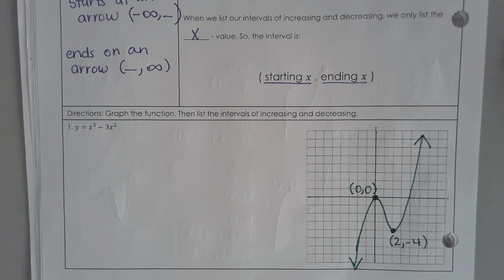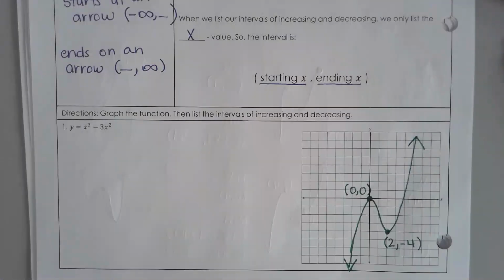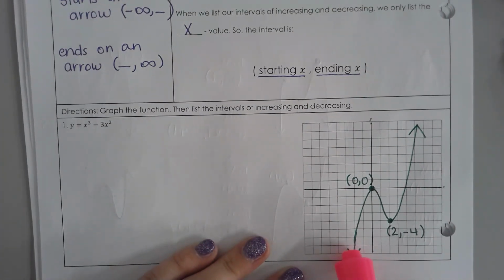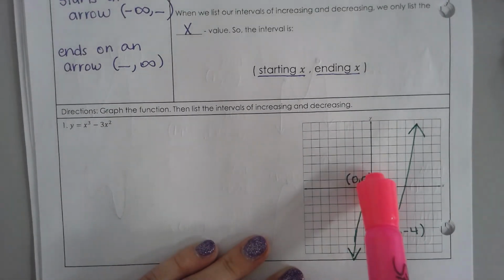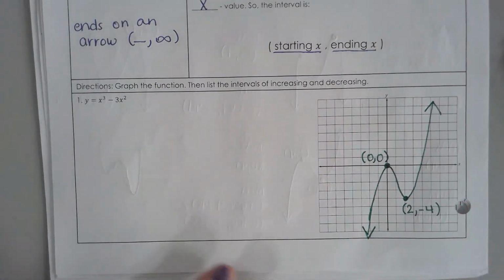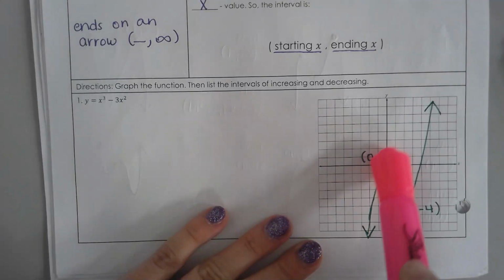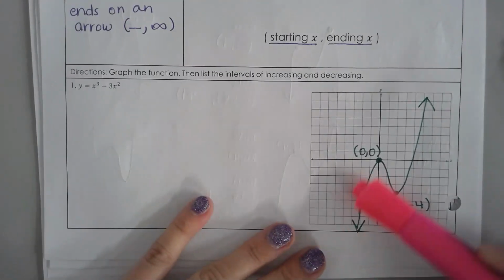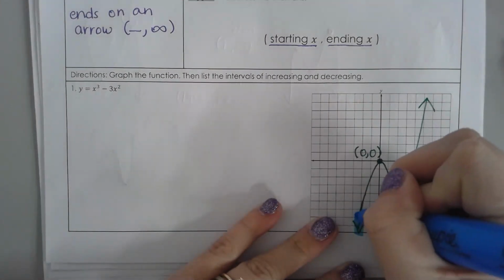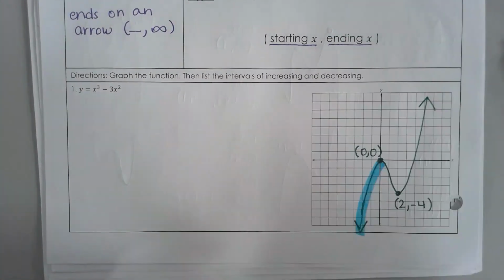Alright, so on my graph, if I were to take my finger and trace this right here, I notice I'm going uphill. So would I say that this section is increasing or decreasing? Increasing. So right here is increasing.